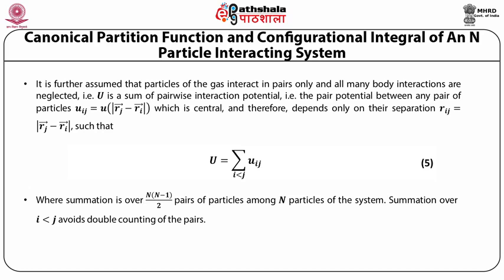Summation over i less than j avoids double counting of the pairs.